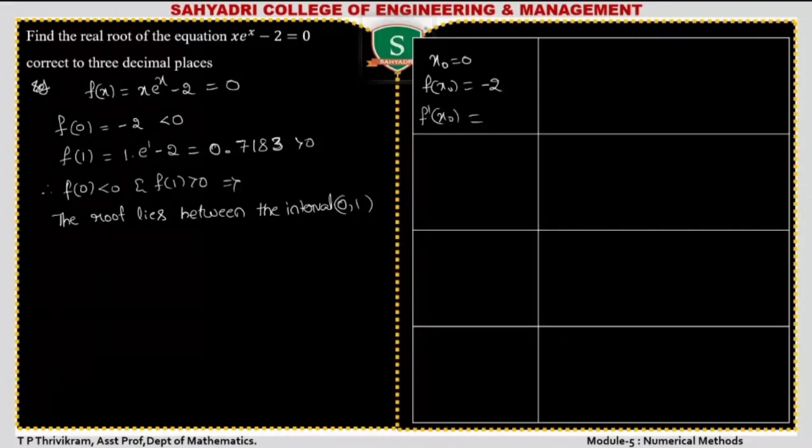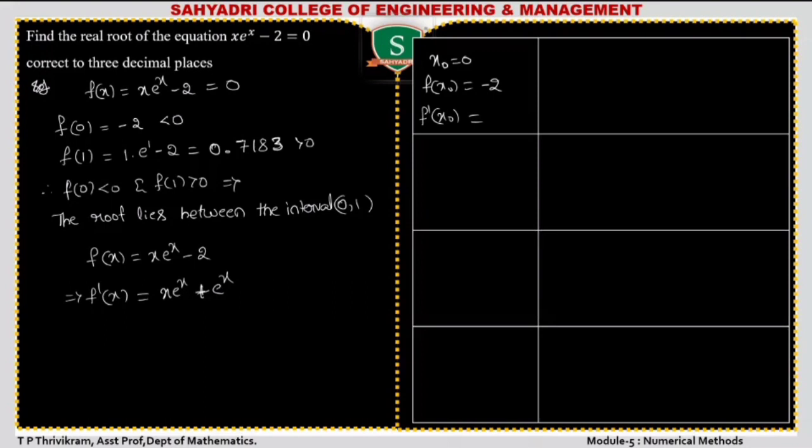So first find f dash. f of x is equal to x e power x minus 2, which implies f dash of x is x e power x plus e power x minus 0. Now we need to find f dash of x naught.